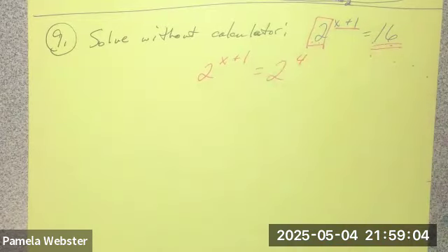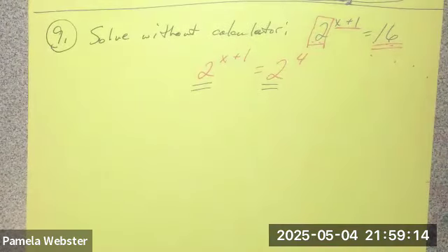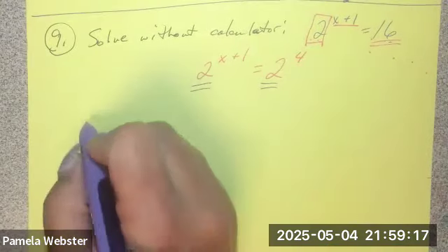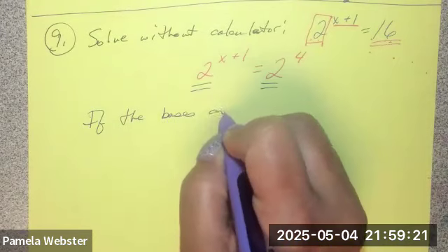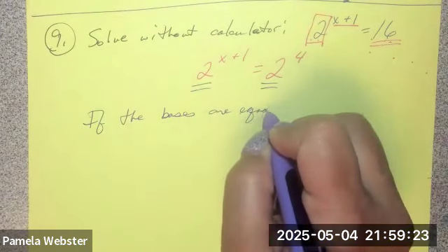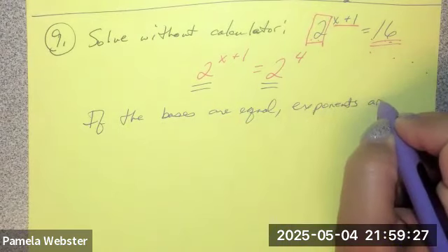Okay. And why did I do that? Because we have a rule in the back of our heads that says, hey, if I can get both sides of this equation to have the same base, then if the bases are equal, the exponents must be equal, right?